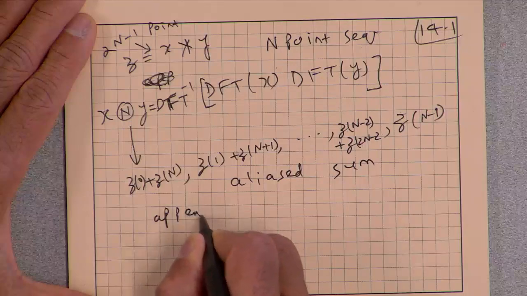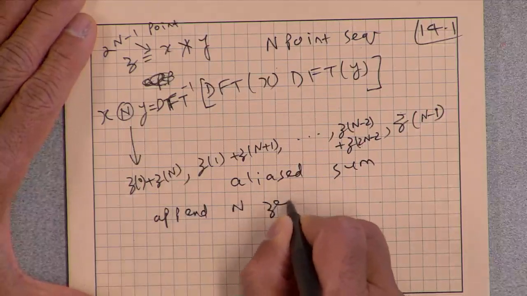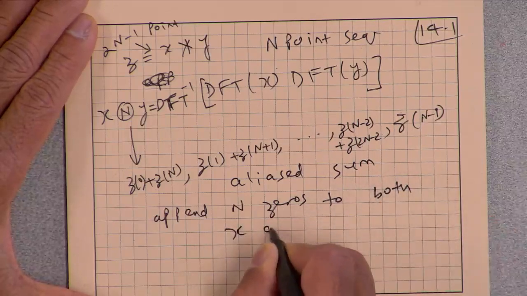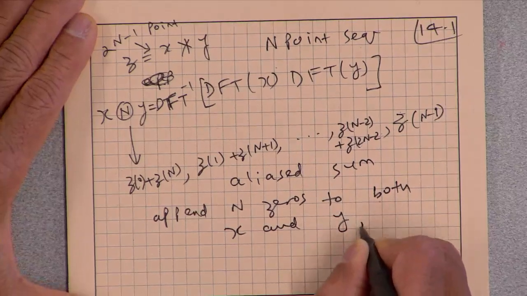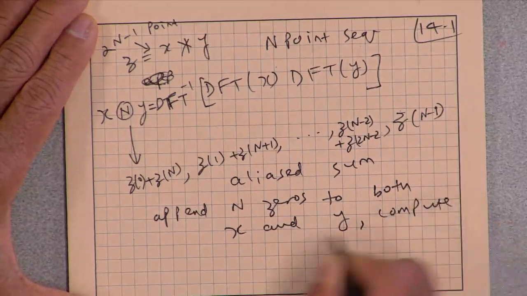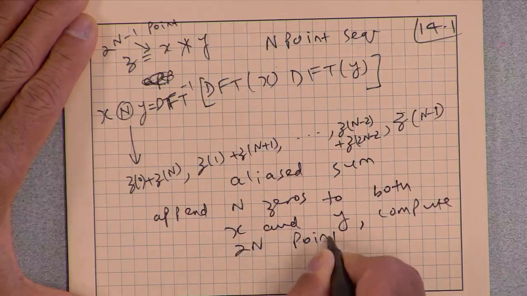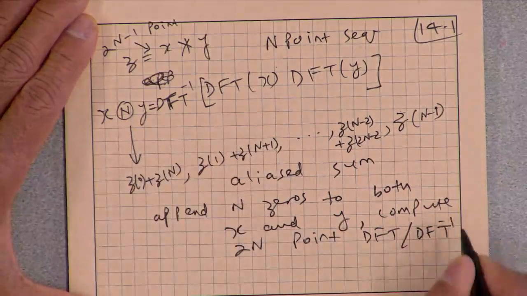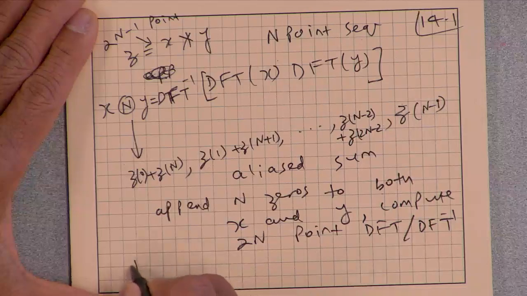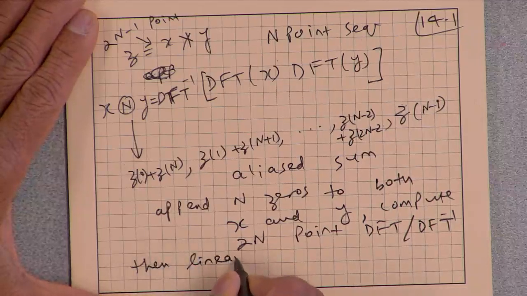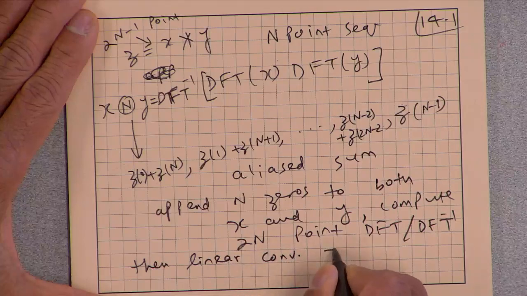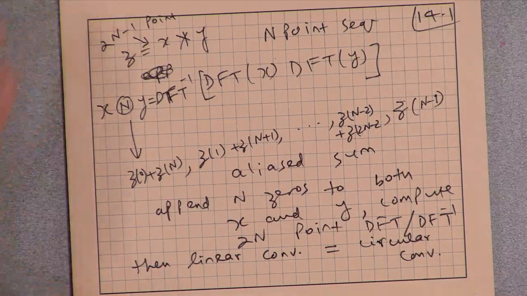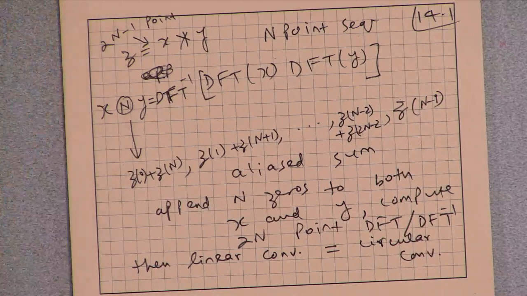If we append n minus 1 zeros, or n zeros, to both x and y, and then compute the 2n point DFT and the DFT inverse, all 2n point, then the linear convolution will be the same as the circular convolution. So that's a little background of what we know from our class on DSP.